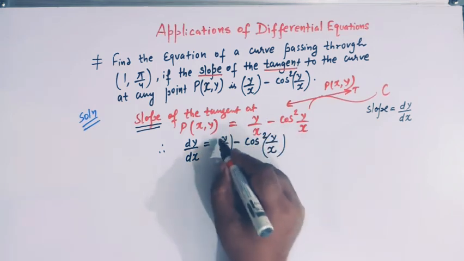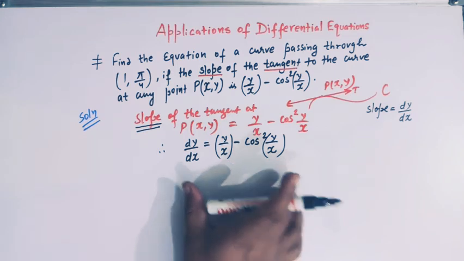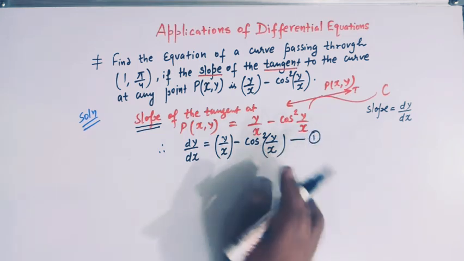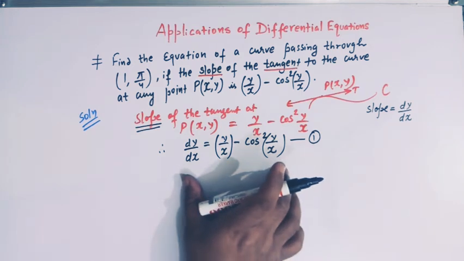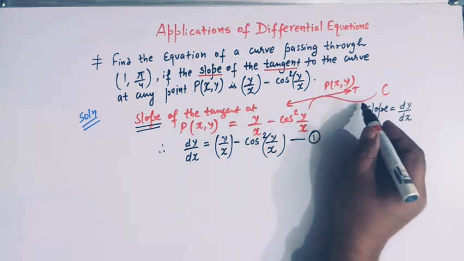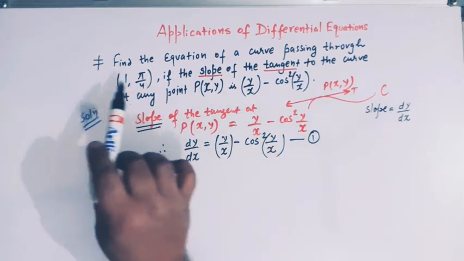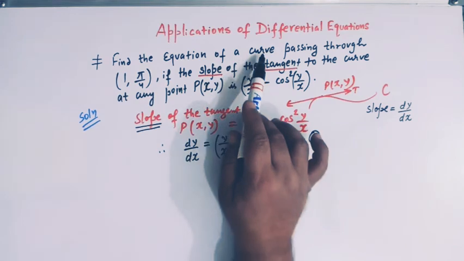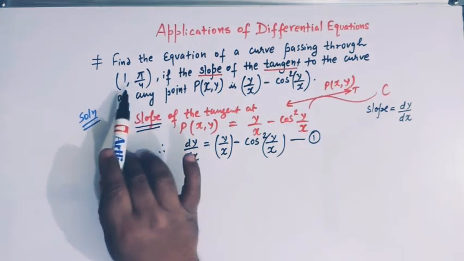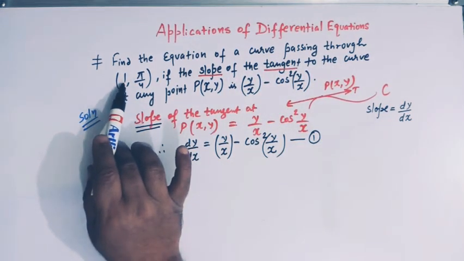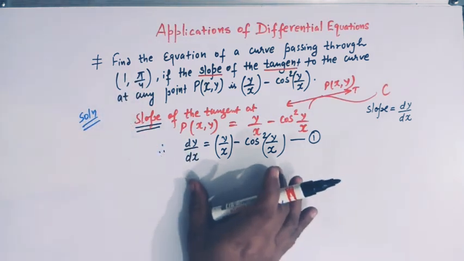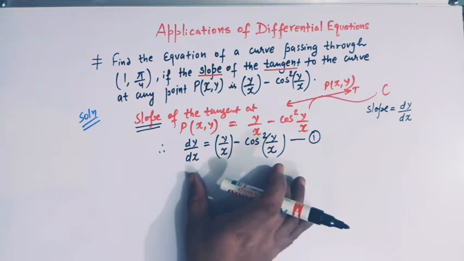So here we have framed a differential equation. So this is the differential equation of this curve, right? And we are also given a condition that this curve passes through this point 1 comma pi by 4, right? So now our aim is to solve this differential equation.